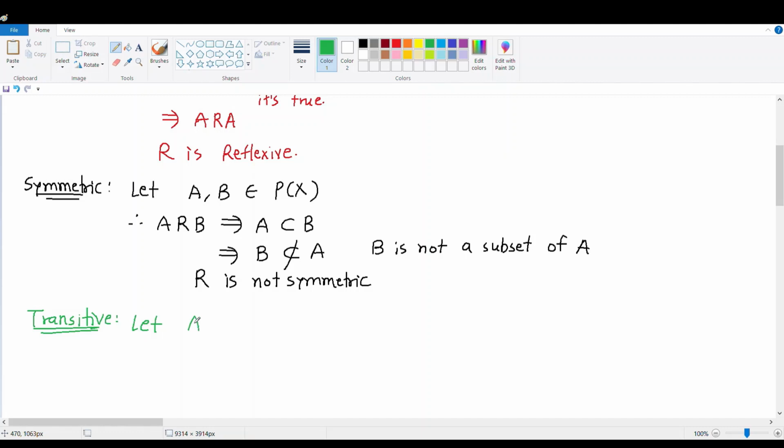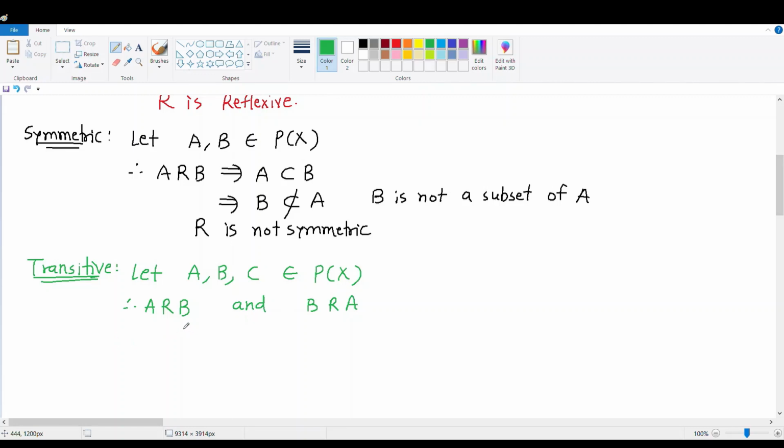So let A, B, C, they all belong to P of X. And let's say that A is related to B and B is related to C, sorry, I should use C there.